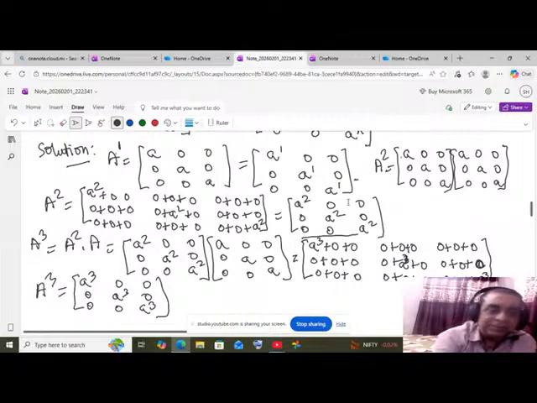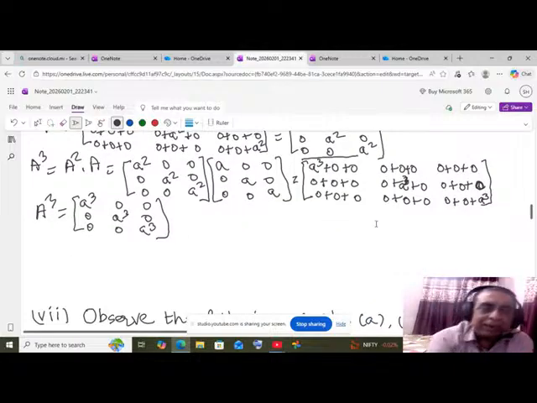When it is A squared, the powers of A along the main diagonal are all 2, and all other elements are 0. And when it is A cube, the elements along the leading diagonal are A cube, A cube, A cube, and all other elements are 0. So following in this way, A to the power of n will be what?